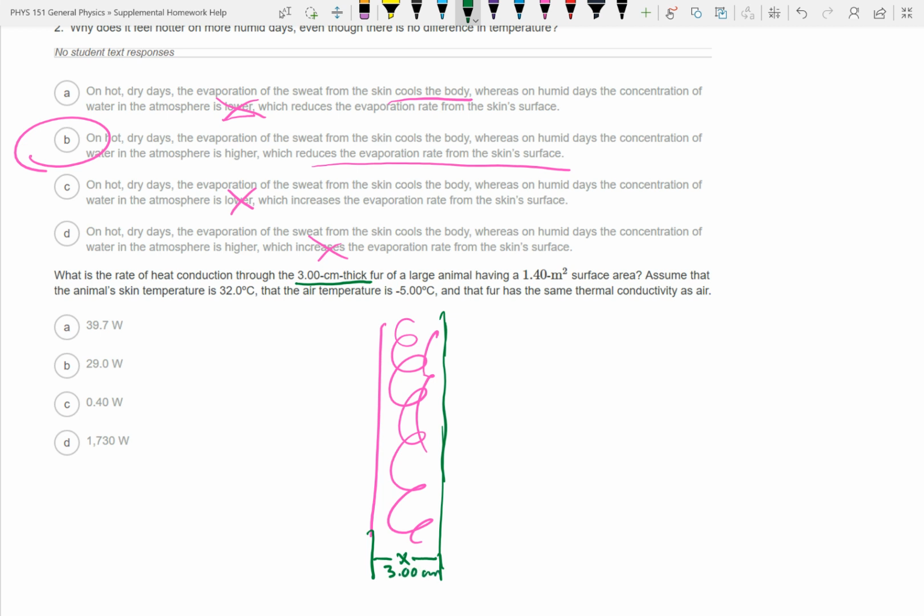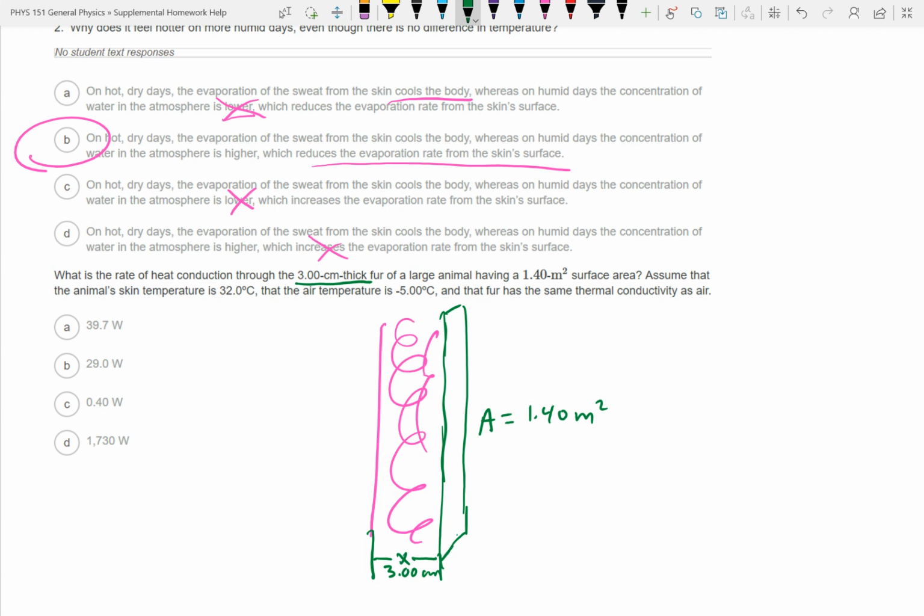Or old school physicians call them sonometers. I don't know why. Okay, and then we have the area, so the patch of fur with skin underneath, it has area equal to 1.40 meters squared.